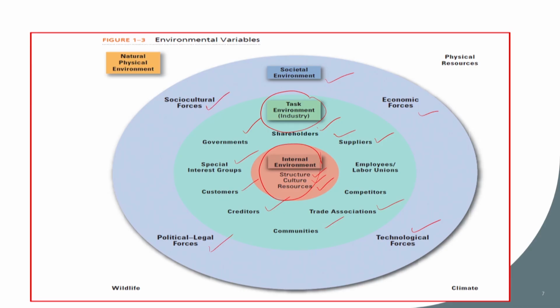We can call this overall a broader framework, that is the societal environment. So strategic management requires understanding of all these interconnected layers by the management, and then accordingly identifying the opportunities, challenges and threats and acting accordingly.